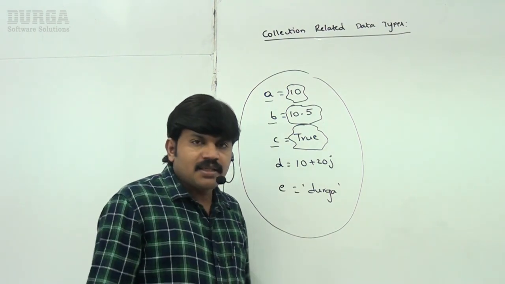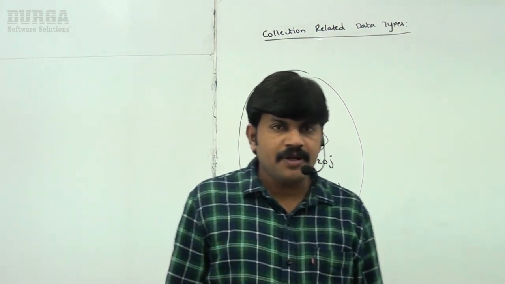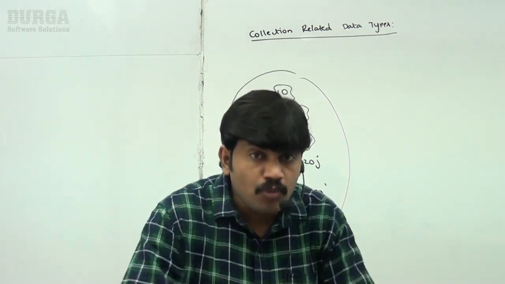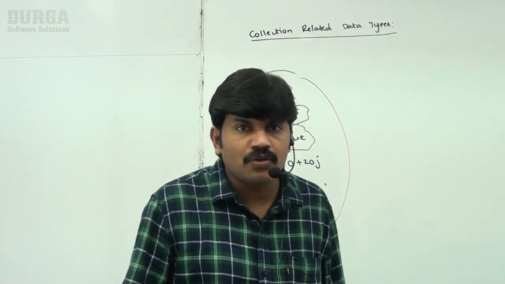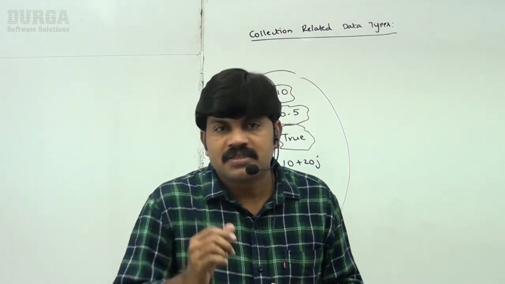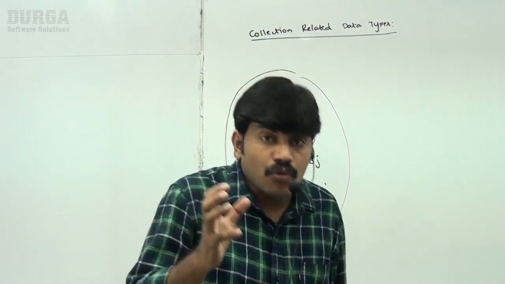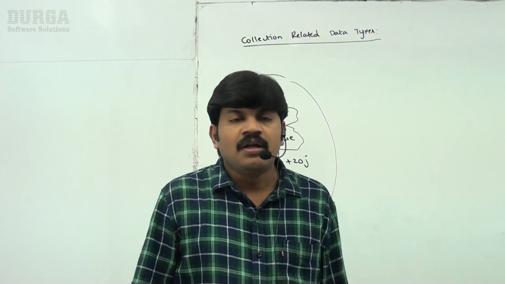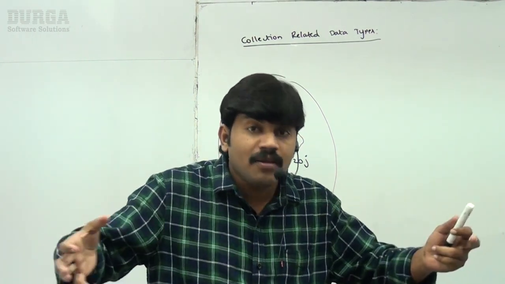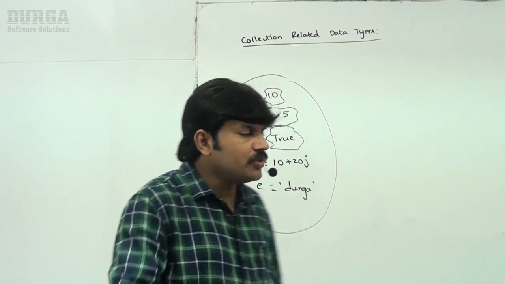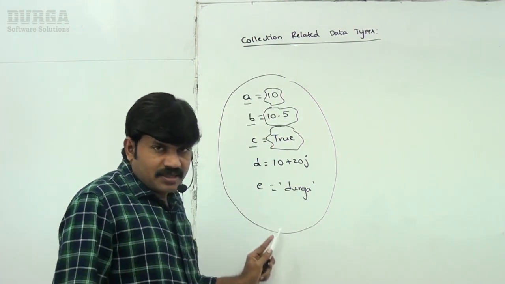Sometimes in my programming requirement, I want to hold a group of values together, something like names of all students, or roll numbers of all students, or all mobile numbers, all mail IDs. I want to represent a group of things. Then we should not go for these fundamental data types.